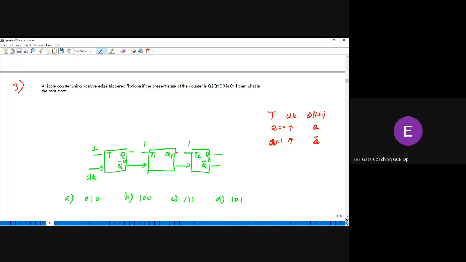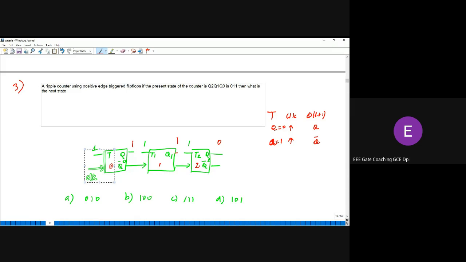So what is the present state? This is Q0, Q1, Q2. Initially, they have mentioned the present state as 0, 1, 1. Okay. So they are giving positive edge trigger flip flop, so clock is on. So once the clock is on, Q0 toggles. Toggle means it gets inverted. Right?